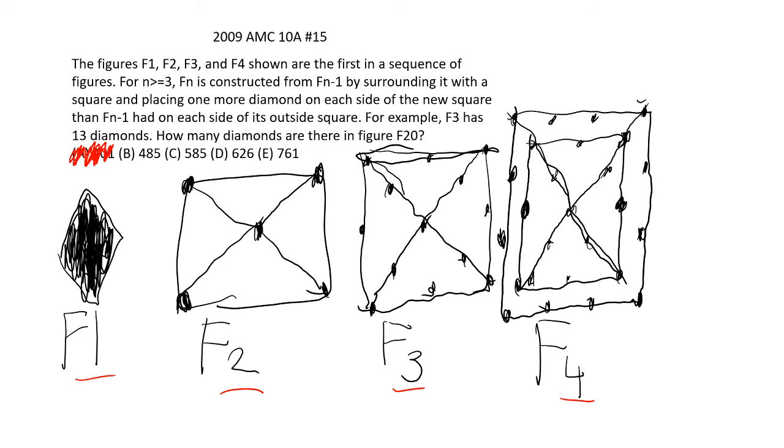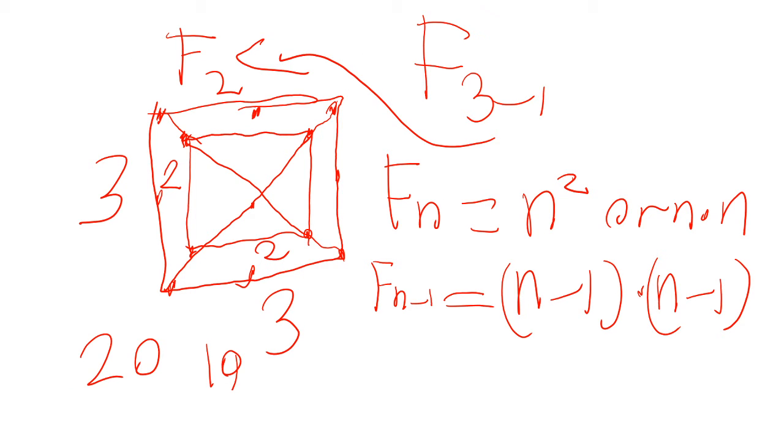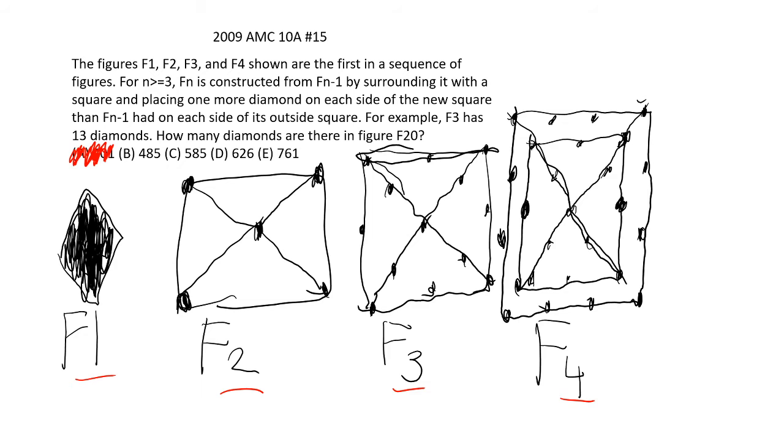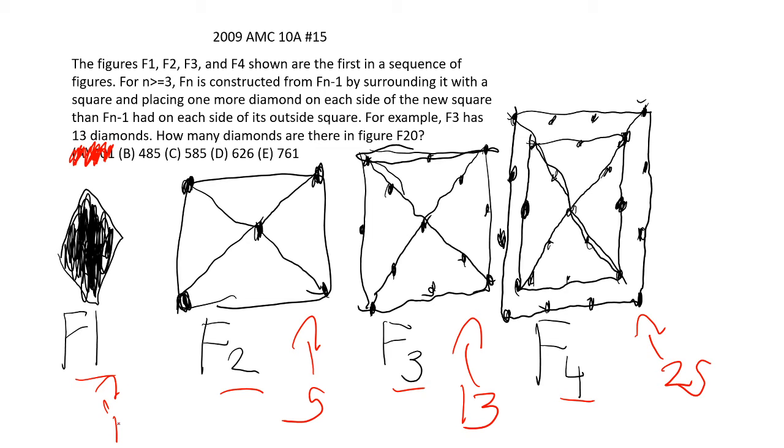What we're going to do now is turn all of this geometry-type stuff into an arithmetic sequence. Notice we start off with 1 diamond, we go to 5, we go to 13, we go to 25. F4 is 25, that is 13, that is 5, and that is obviously 1.